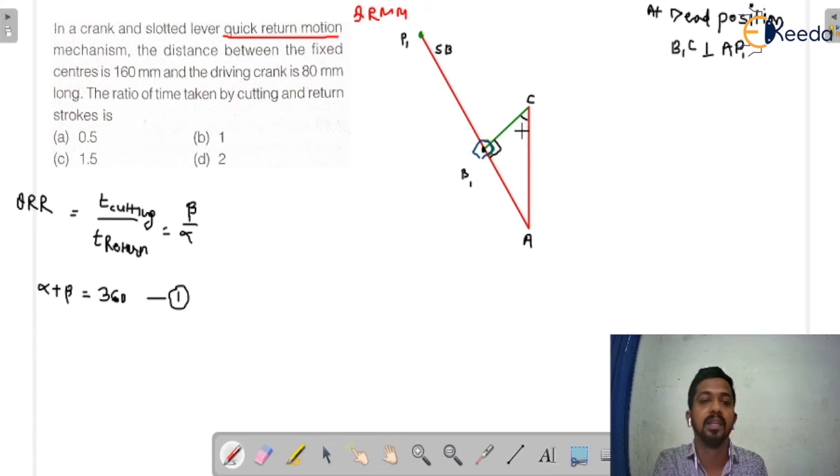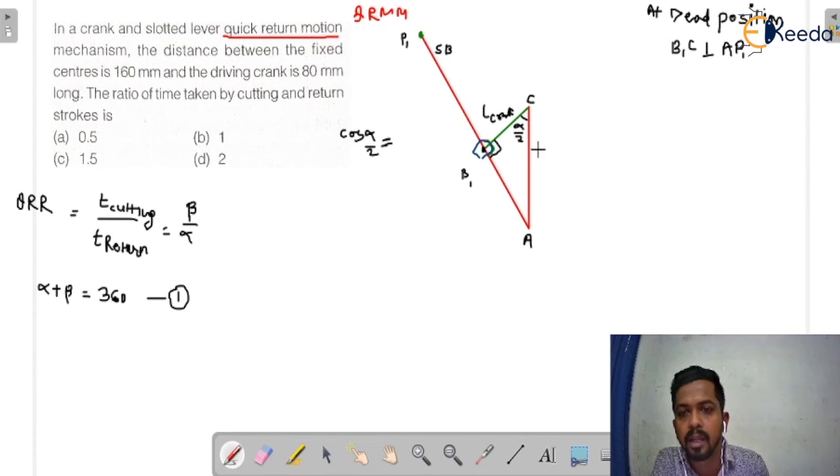When we study crank and slotted lever mechanisms, we have seen that this angle will generally be alpha by 2. So we have to apply cos alpha by 2, equal to base upon hypotenuse. And what is the base here? This is the length of the crank, and this is the length of the connecting rod.